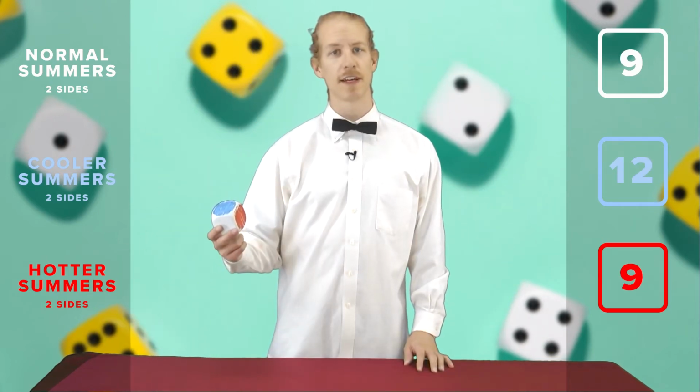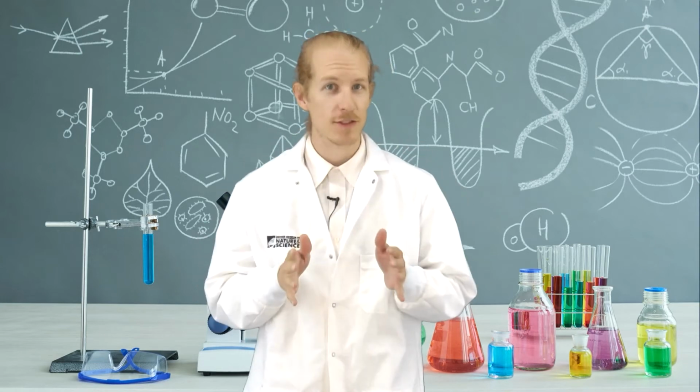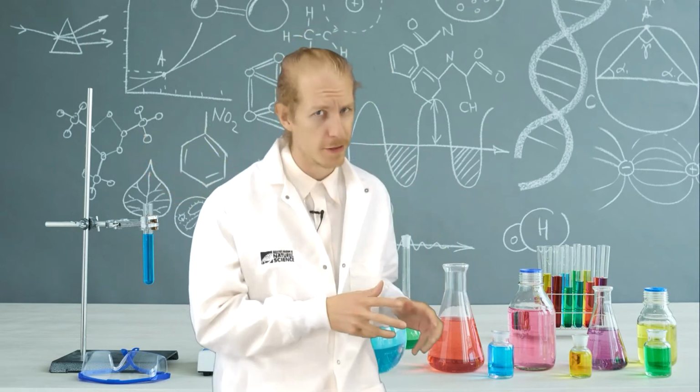Now that we've rolled our dice 30 times, let's take a look at the results. We have a roughly even spread of normal summers, summers hotter than normal, and summers cooler than normal.